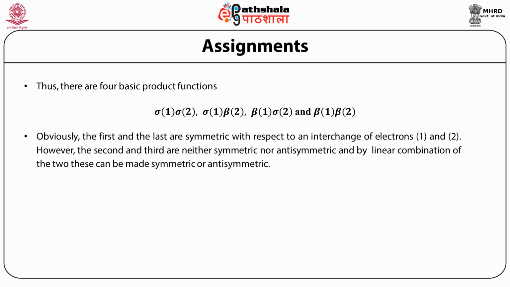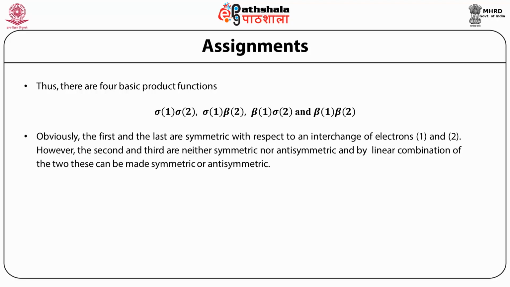Obviously, the first and the last are symmetric with respect to an interchange of electrons 1 and 2. However, the second and third are neither symmetric nor antisymmetric, and by linear combination of the two, these can be made symmetric or antisymmetric.